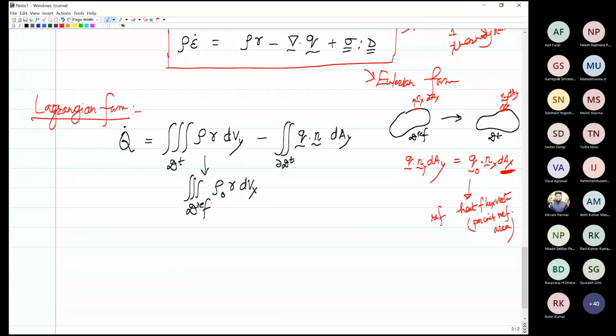If that is to hold, we can also find out how Q naught is related to Q. This is the same as q dot Ny dAy. We can use Nanson's formula, the one that we have found out, that's det F times F inverse transpose times Nx dAx, and this has to be equal to Q naught dot Nx dAx.